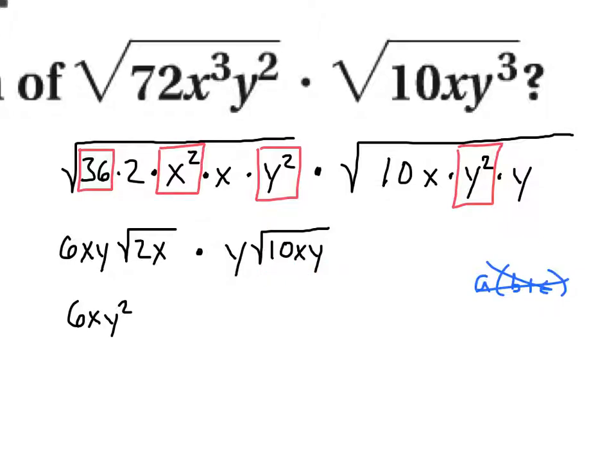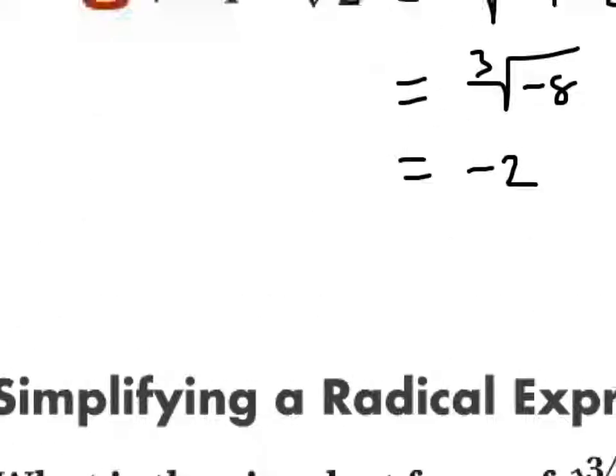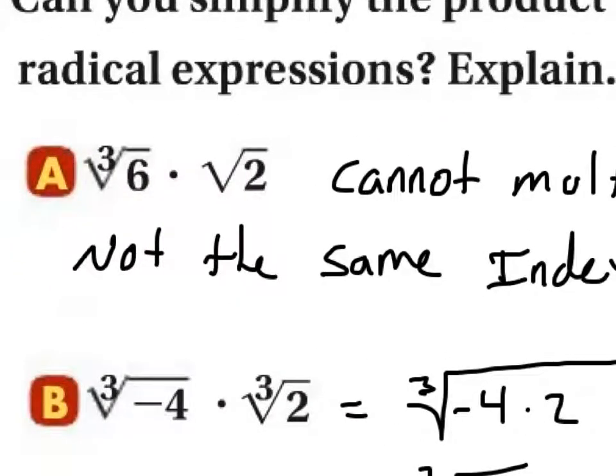And I can multiply my square root times my other square root. Why can I multiply those two together? Because they have the same index. Think back to that very first example we worked. We said we couldn't do that one, right? There it is. We couldn't do that first example because they had different indexes.